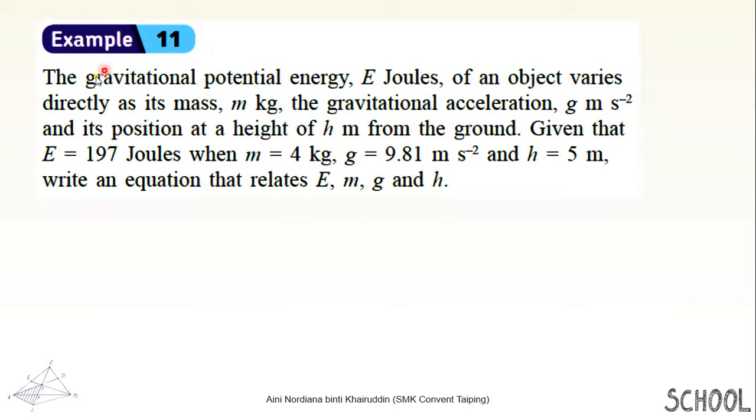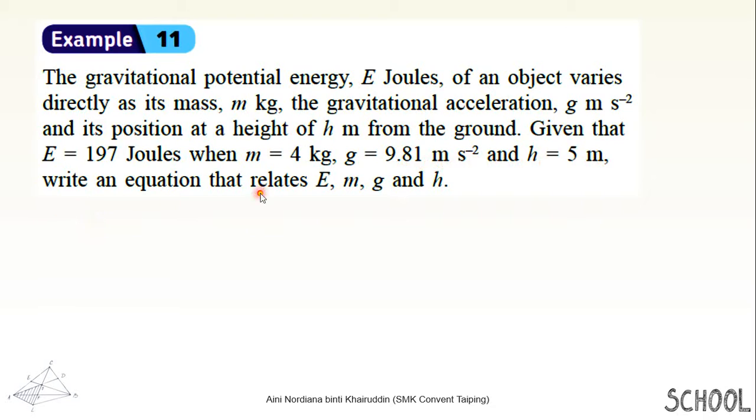Example 11. The gravitational potential energy, E joules, of an object varies directly as its mass m kg, the gravitational acceleration g meter per second squared, and its position at a height of h meter from the ground. Given that E equals 197 joules, m is 4 kg, g is 9.81 meter per second squared, and h equals 5 meter.